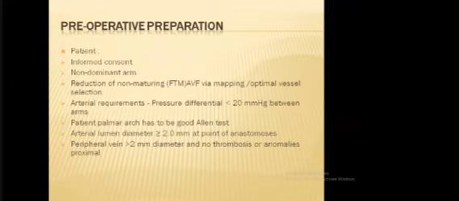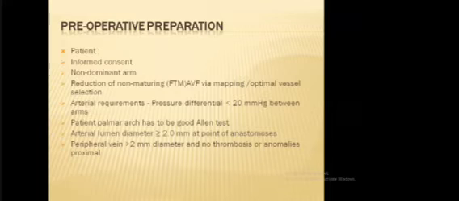Then check the Allen's test with the patient's palmar arch, because I already explained there is a connection between the radial and ulnar artery forming the palmar arch. If you occlude one artery in one hand, the radial artery, there should be collateral circulation from the ulnar artery.